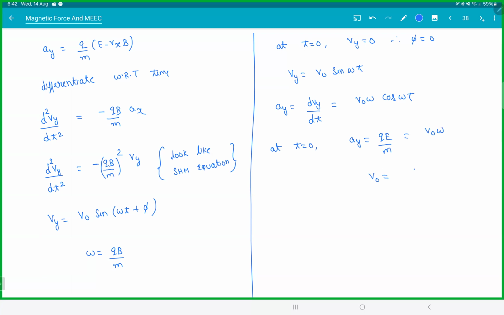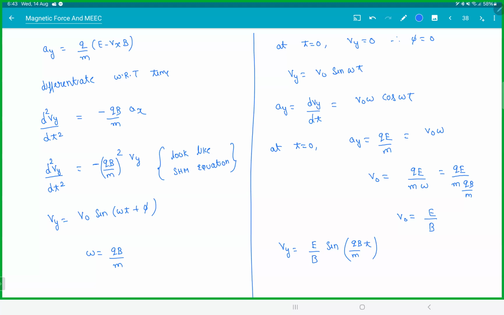From here, I'll get the V naught value: qE by m omega, and omega is qB by m, so V naught is equal to E by B. So the velocity in the y direction is E by B sine omega t, where omega is qB by m. Once Vy is there, the y coordinate will come from it.